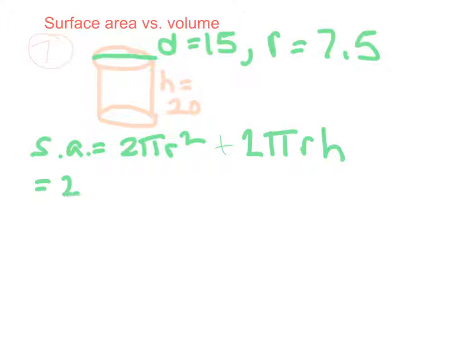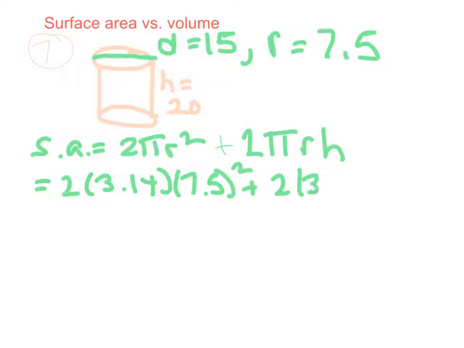Let's fill these in. We get 2 times 3.14 times 7.5 to the second power, plus 2 times 3.14 times 7.5 times height, which is 20.